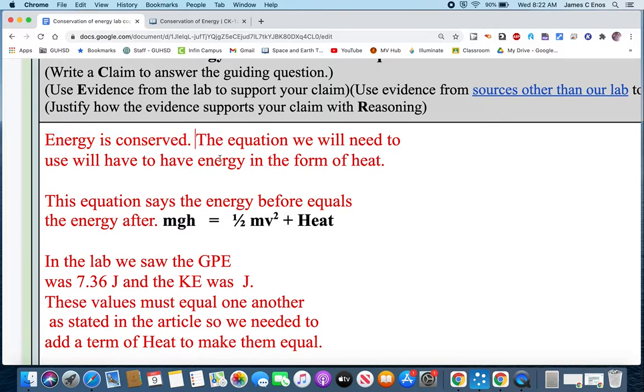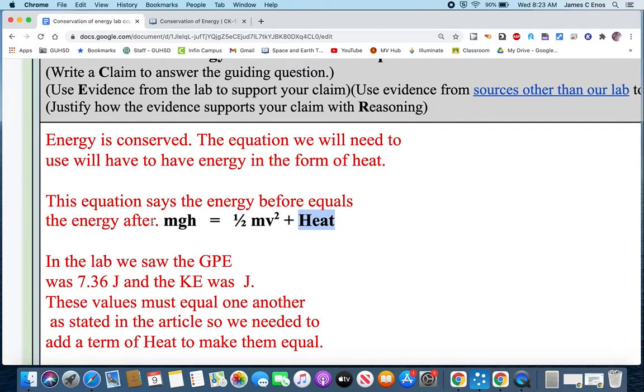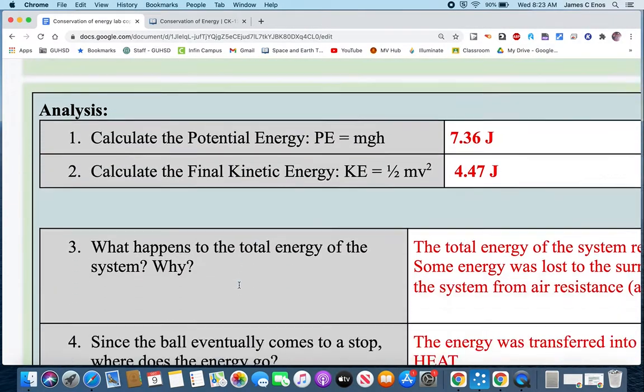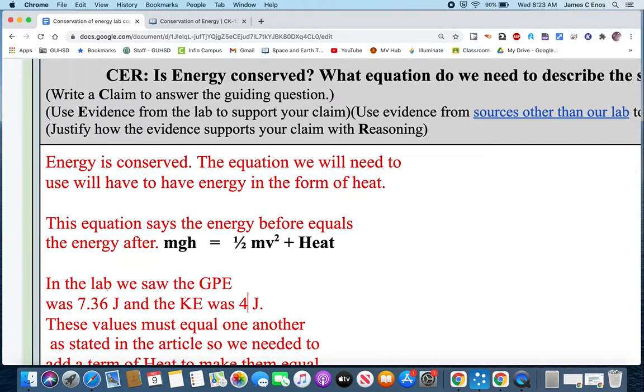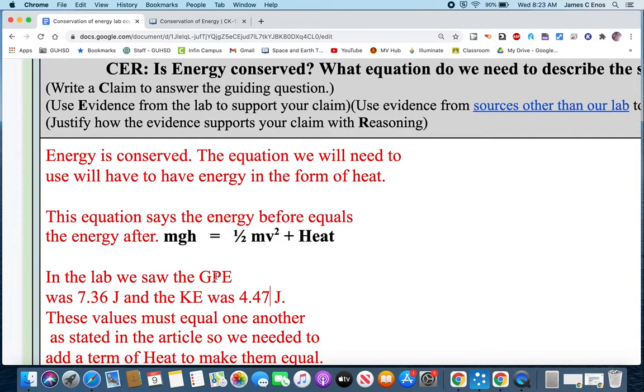Then what we have to say to answer the second part is the equation will need to have something added to it. We're going to need to add another term in the form of heat. And then we need to say what the equation was before. I just copy and pasted from above: mgh equals 1/2 mv squared. We just need to add in an additional term, heat. So the energy before was that 7.36, and the energy after is now this 4.47 joules.